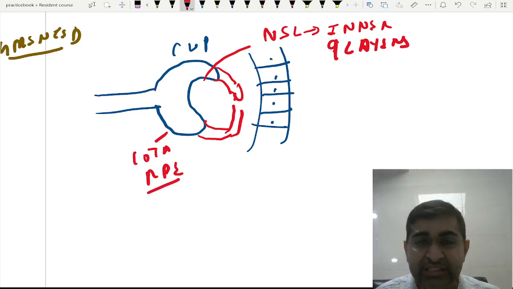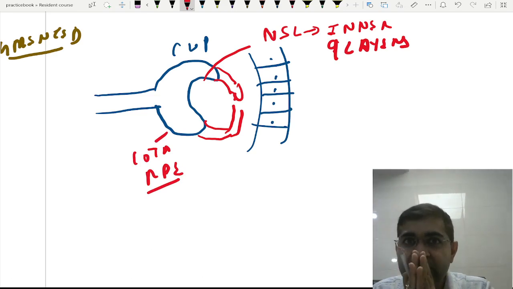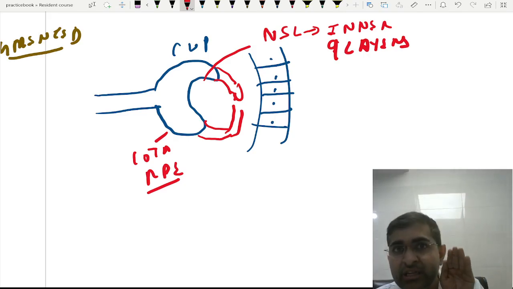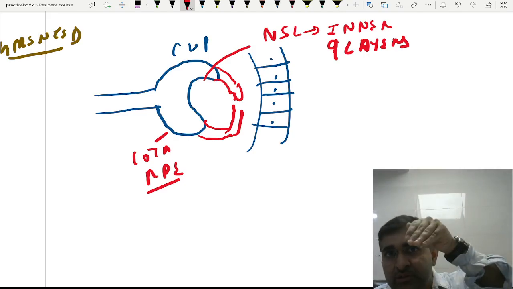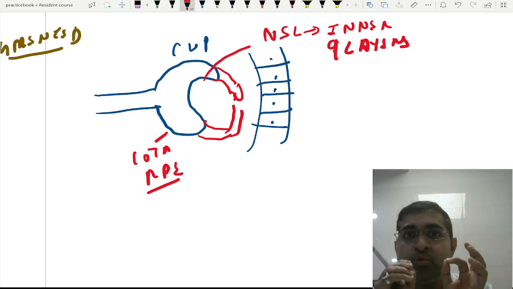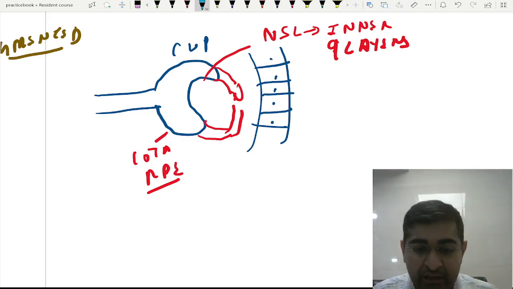This entire thing later gets fused, the neurosensory layer and the retinal pigment epithelium, which forms the retina. Now you know which is the innermost layer of the retina. The innermost layer of the retina, boys and girls, is the inner limiting membrane.